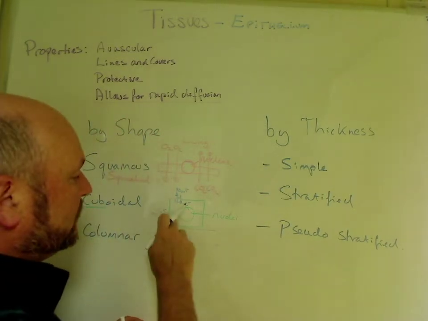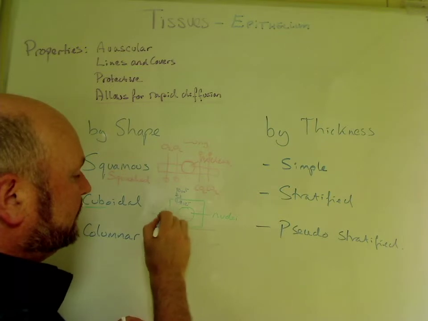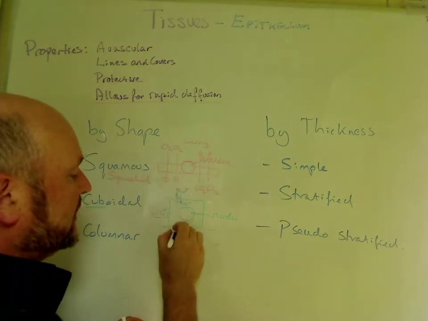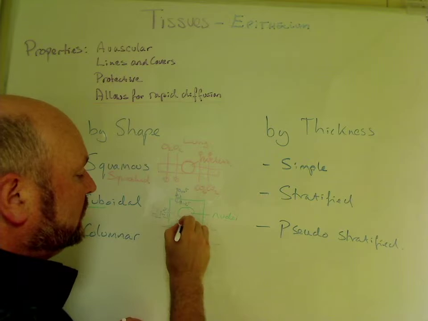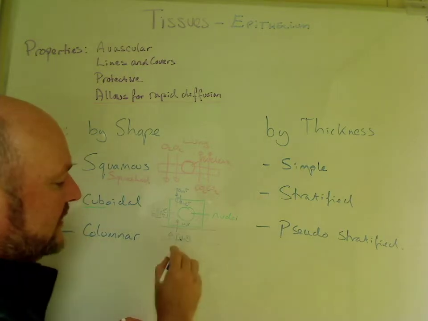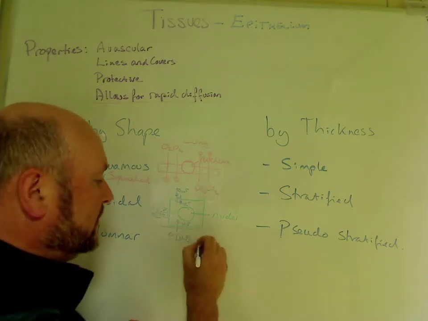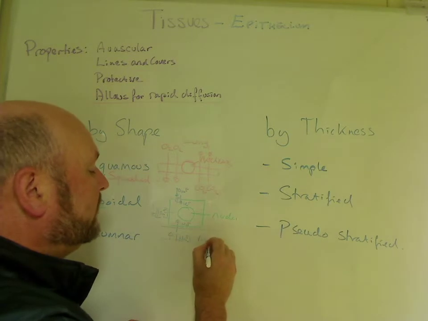This has got a dropping concentration of sodium. Because it's being pumped out here, it can draw sodium in from this tubule, which happens to be a nephron in the kidney.